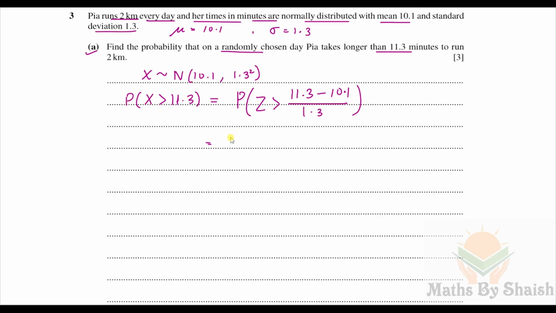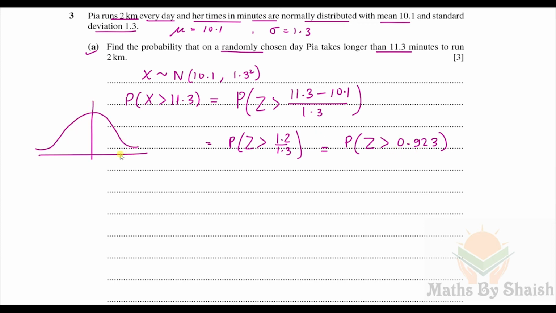So it's the probability of z greater than 1.2 over 1.3, which is z greater than 0.92307. We can see this is a positive quantity, so this value would be lying somewhere here, and we require z greater than that. It means we want to find this area, and this area is 1 minus phi of z.